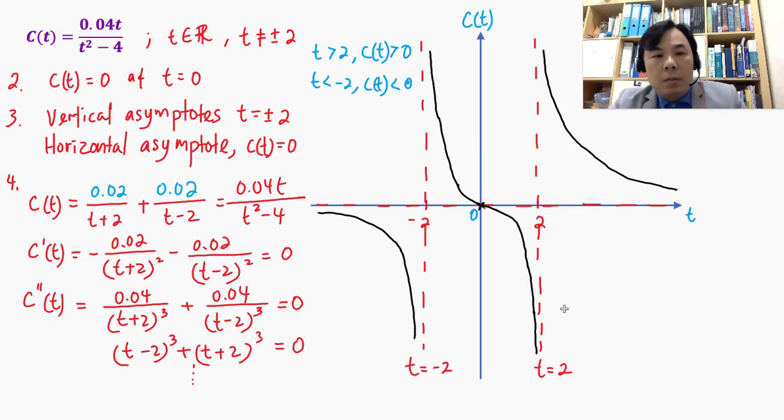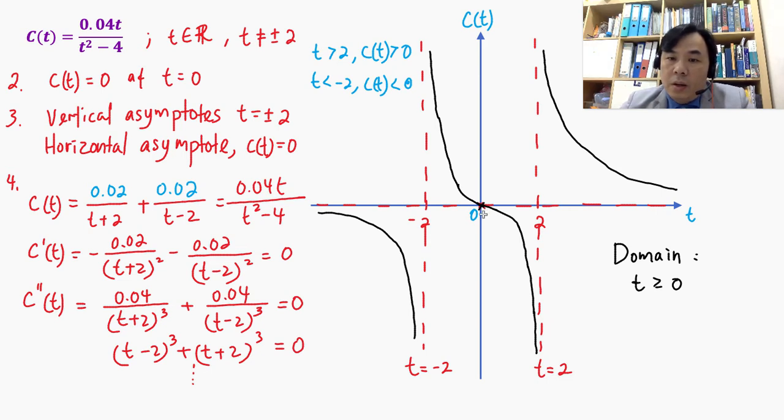Right, but for the range itself, lastly for the range, you can see that it can accept all real numbers. Okay, it can accept all real numbers here, right? But for real application purposes, the correct domain usually would be, in this case, the time must be greater than or equal to 0, as you can see, right?